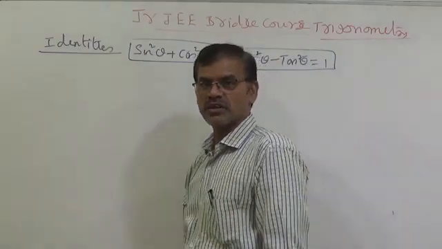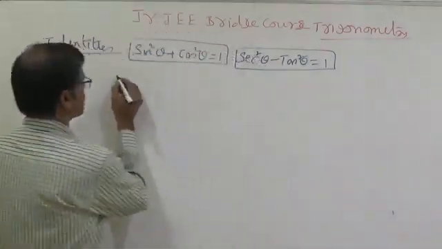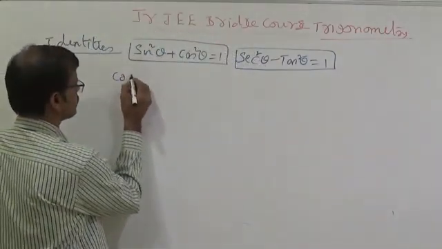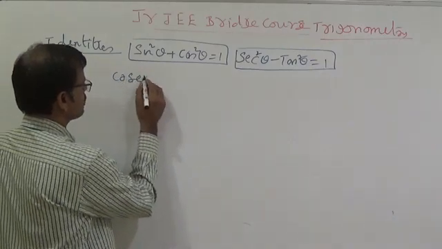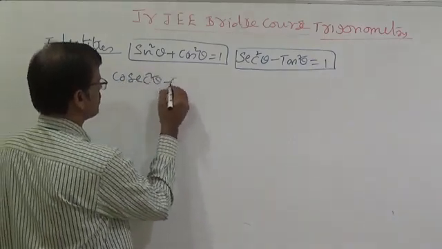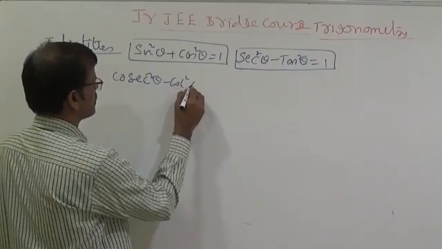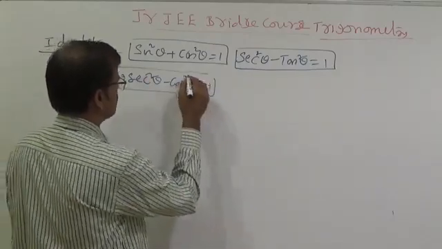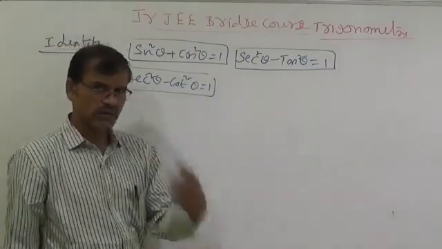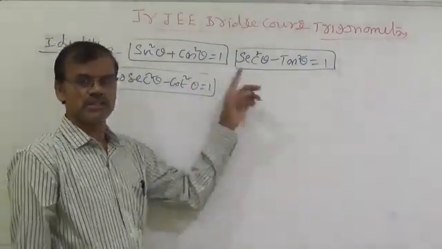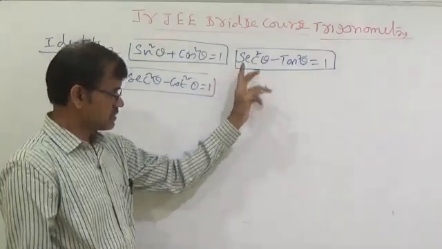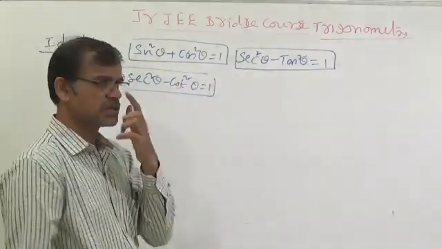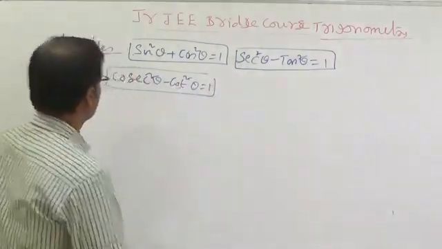Next, cosecant square theta minus cot square theta equal to 1. It is the third identity. Only 3 identities we are having, depending upon sin, cos, tan, secant and cosecant, cot.